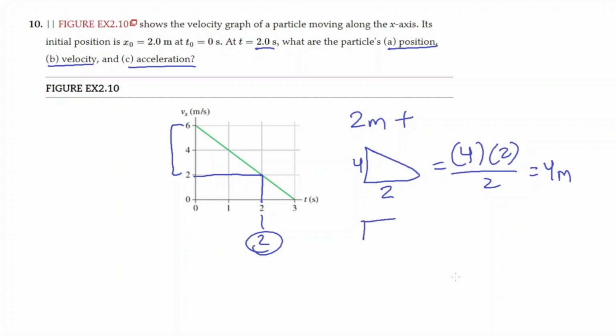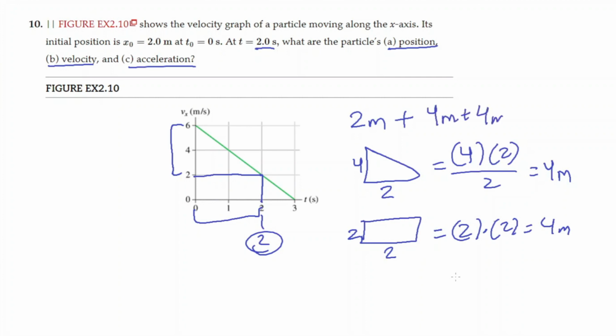And then we find the area of the rectangle, where the base is 2, and then our height is also 2, in which 2 times 2 is going to be 4 meters. And now all we need to do is just add that to 2 meters, so plus 4 meters, and 10 meters is going to be our position at t equals 2 seconds.